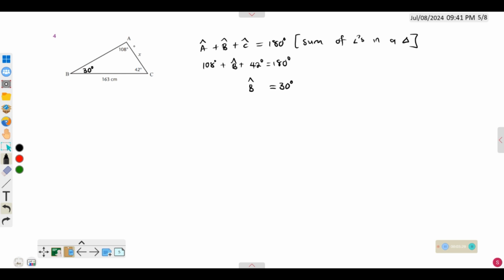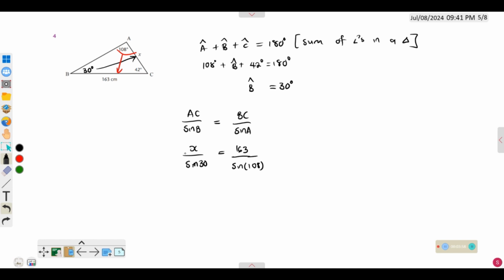Then we can go ahead and relate this and that, whereby it's going to be AC divided by the sine of B, which is equal to, what else are we given? We are given this angle right here, which corresponds to that side. So it's BC divided by the sine of A. AC is x, sine of B is sine 30, and BC is 163 divided by sine A, which is sine 108 degrees.